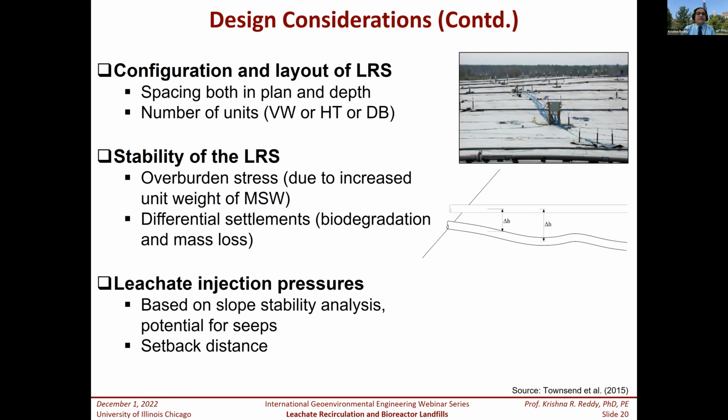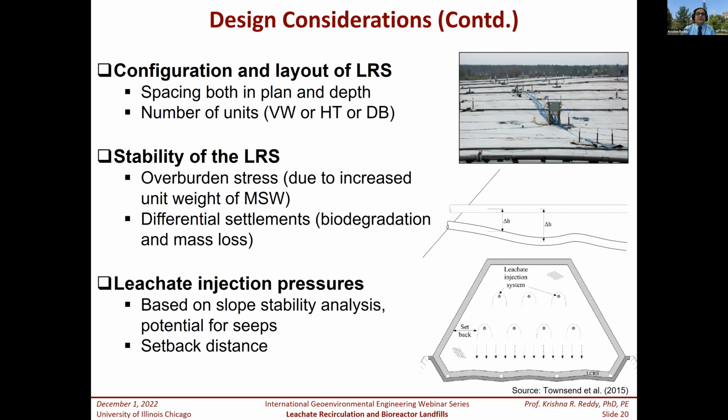You could have differential settlement, so make sure the pipes are not damaged as a result of that, and consider slope stability. Especially near the slopes, if you are injecting very close to the slope at high pressures, then the slope could fail. So you need to maintain some setback distance, and decide what the acceptable pressure should be so that you don't have a slope stability failure.